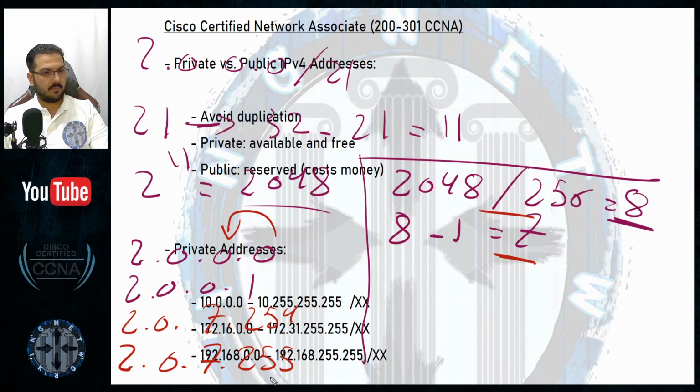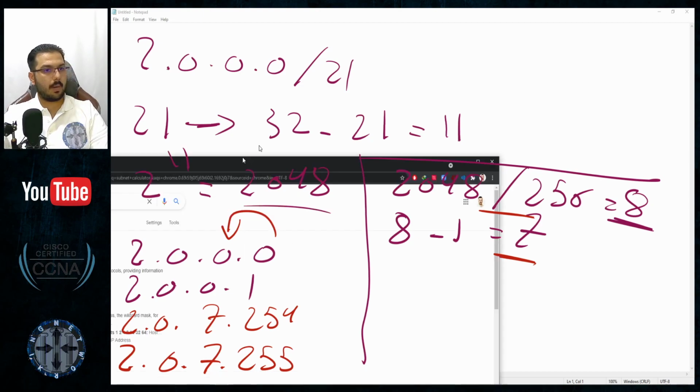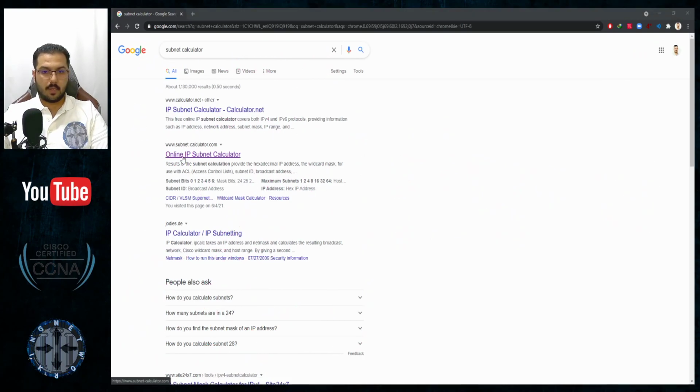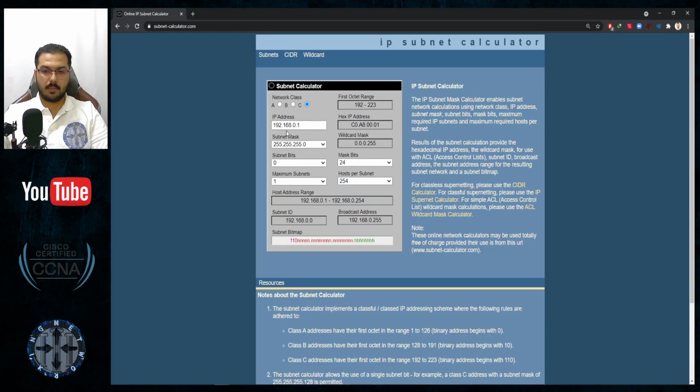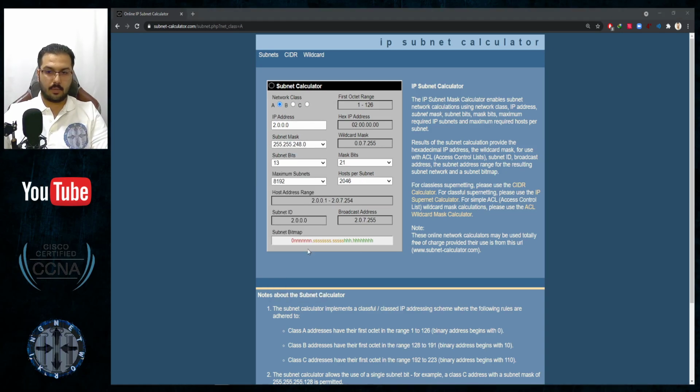Yeah, so just before I do that, I will need you to stop the video, take a screenshot, or write down the notes. I will prove to you that this one is correct. 2.0.7.255 is correct. How? By going to the web browser, and I will type subnet calculator, and I will clean the board now. There is a website called Online Subnet Calculator, and it was 2.0.0.0, and it was /21, 255.255.248.0, right?